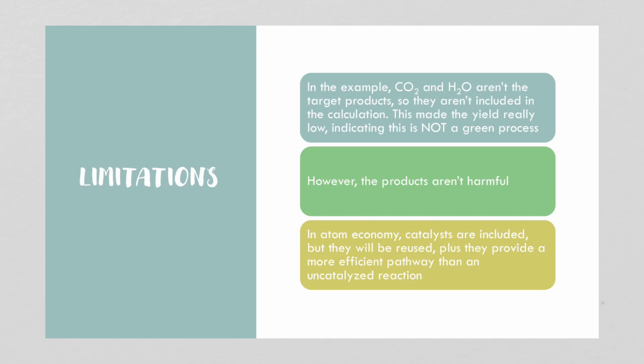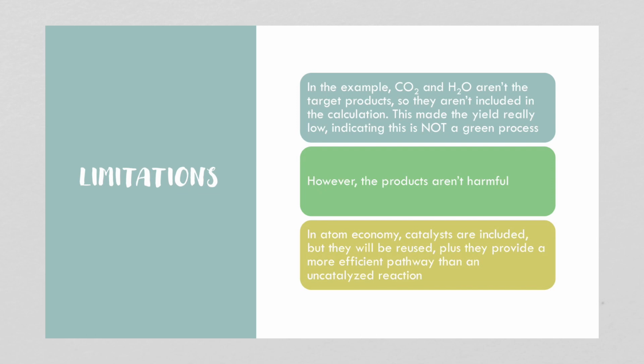So there are limitations to using this as a measure, because in the example we just looked at, carbon dioxide and water aren't target products, so they're not included in the calculations, and that made the yield really low, saying that it wasn't a green process. But again, the products aren't harmful.